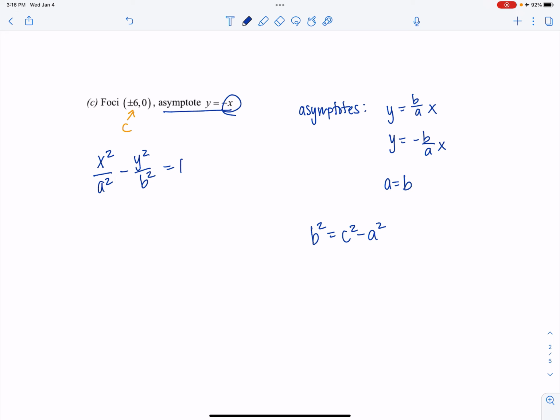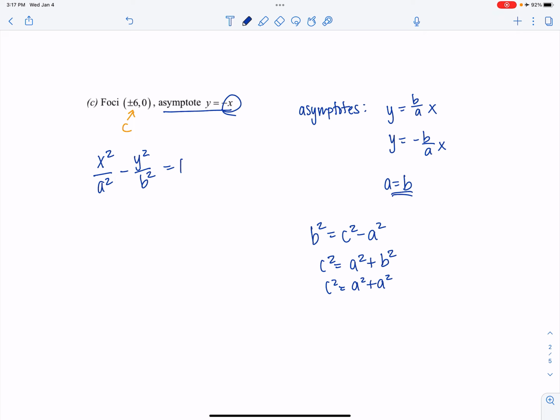I'm going to rearrange it because I want a and b, but I know c. If I add a squared to both sides, I get c squared equals a squared plus b squared, which we already knew way back from geometry. But since a and b are equal, I can write this as c squared equals a squared plus a squared, because a and b are the same number.